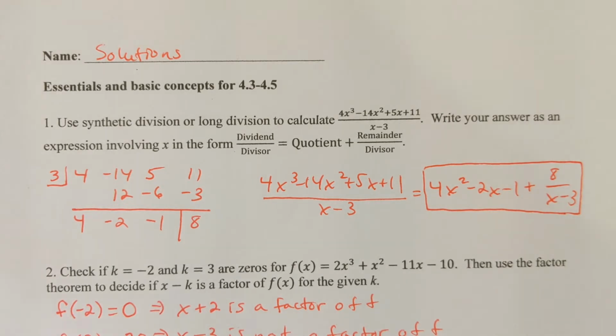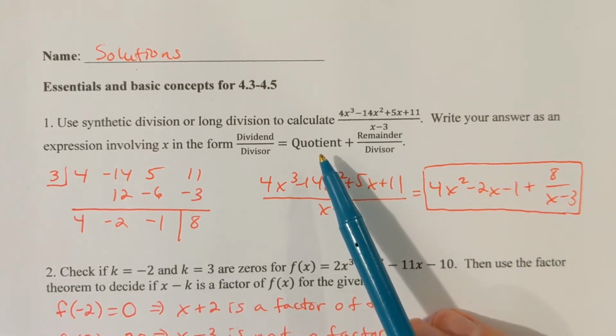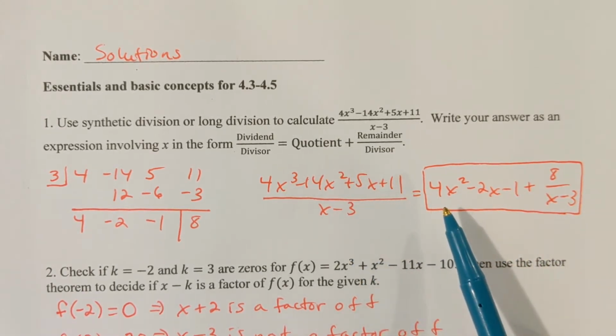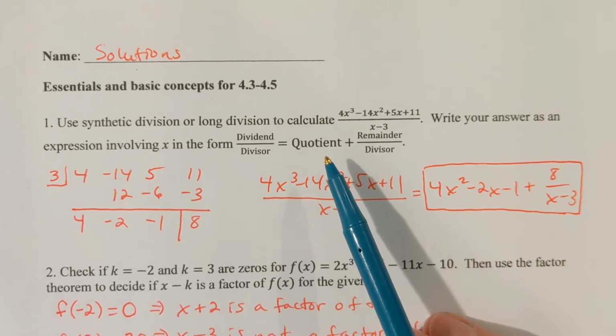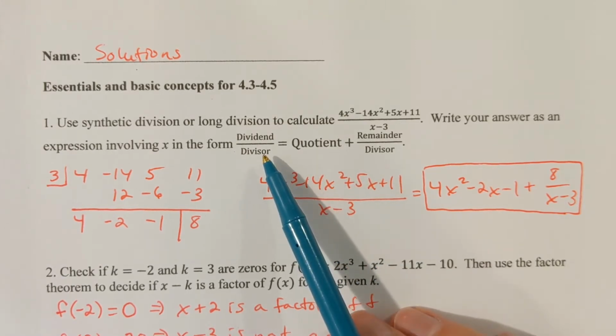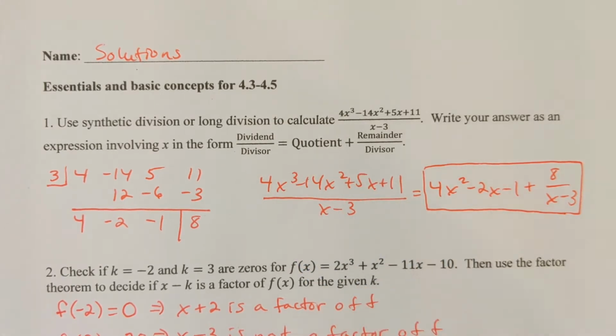Now, this is the form that I had wanted if we were in class, but the book was doing things a little different, where they were going to multiply both sides of this equation to clear out the fractional form.